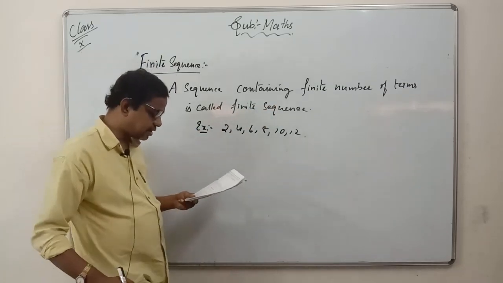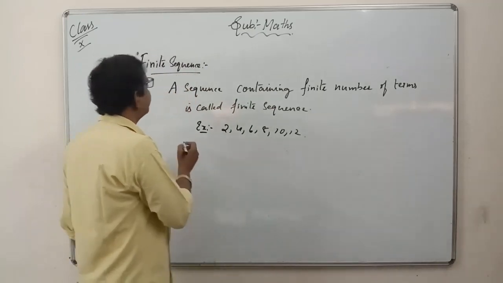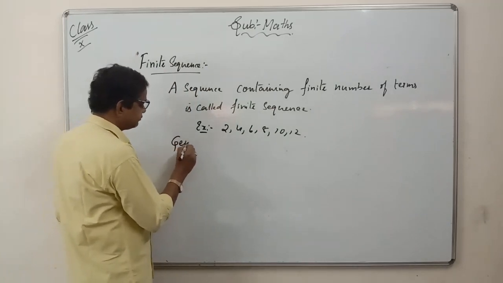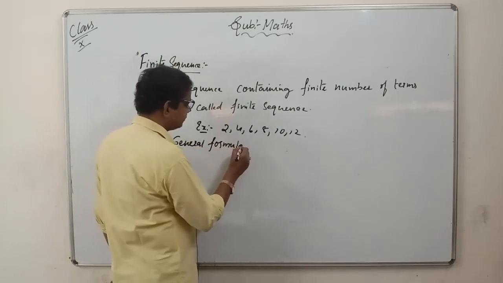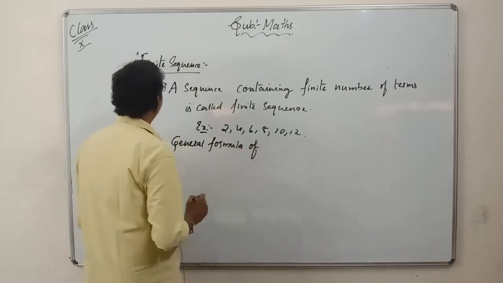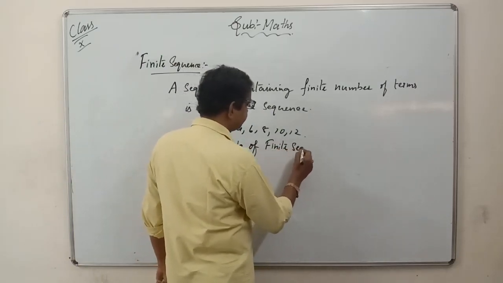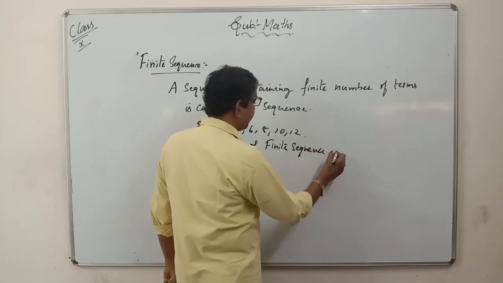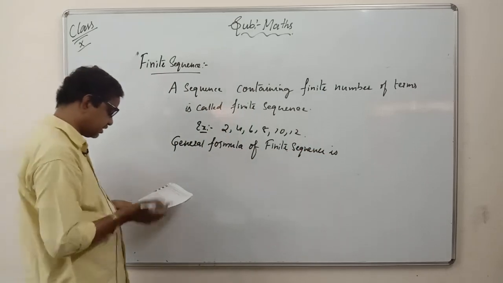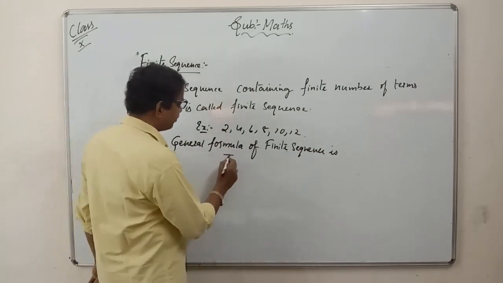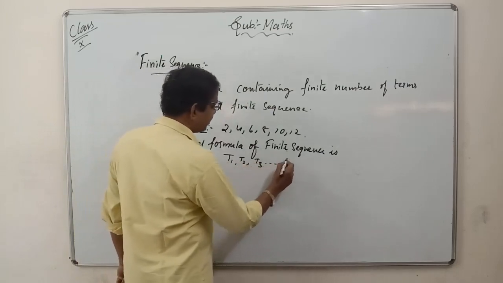And we have another thing also, the general formula. What is the general formula of finite sequences here? As I told you already, I can write it with T1, T2, T3 up to Tn.